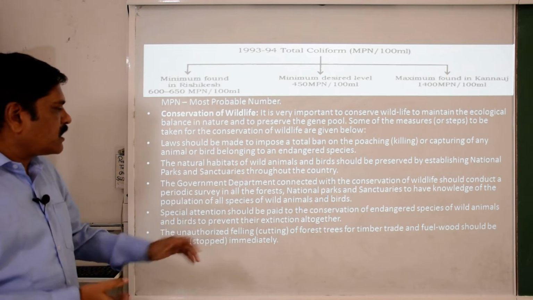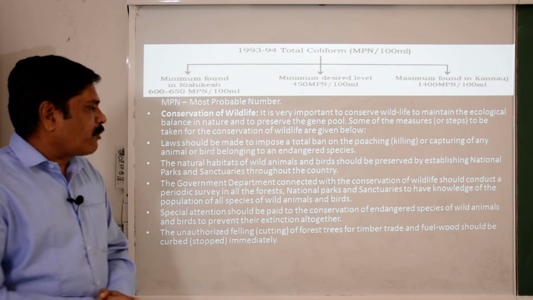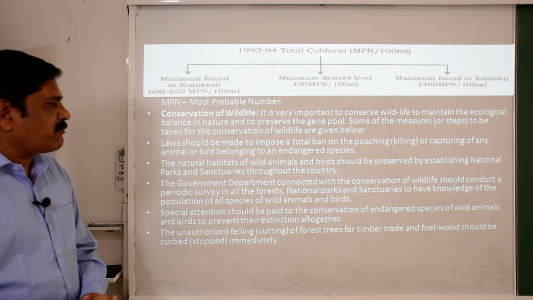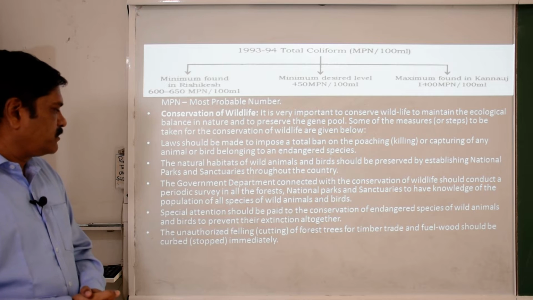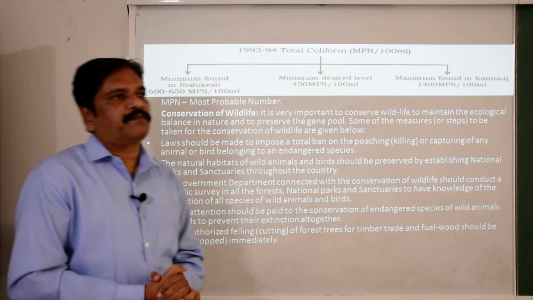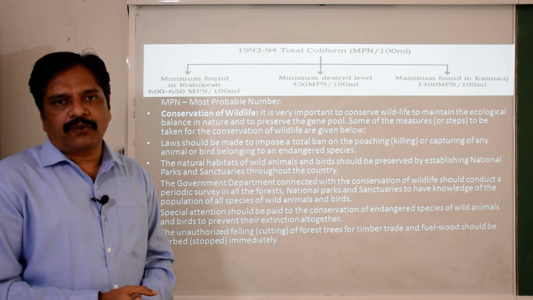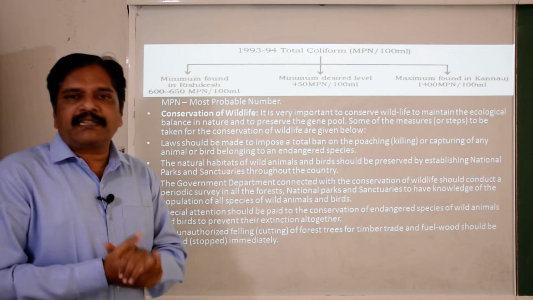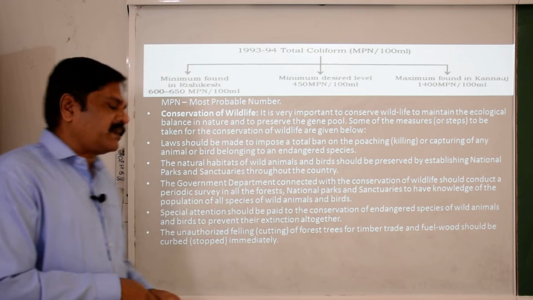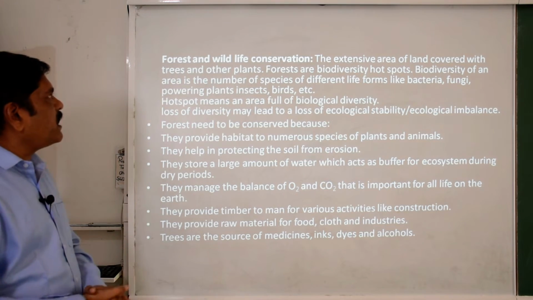The unauthorized felling, that is the cutting of forest trees for the timber trade and fuel wood, should be curbed immediately. It is quite compulsory to protect the habitats. If we manage this habitat, then only can wildlife survive and be managed.